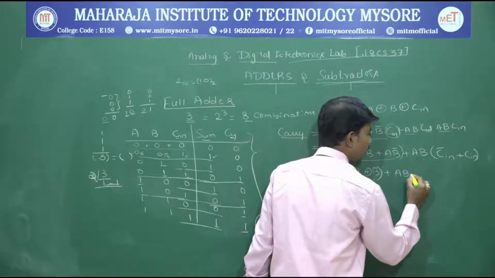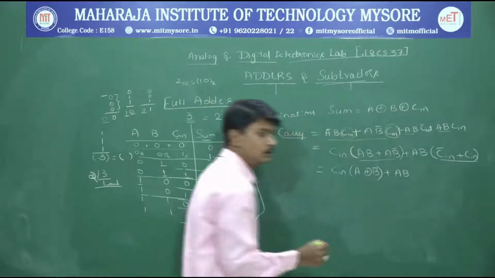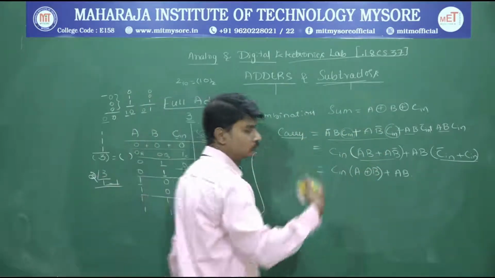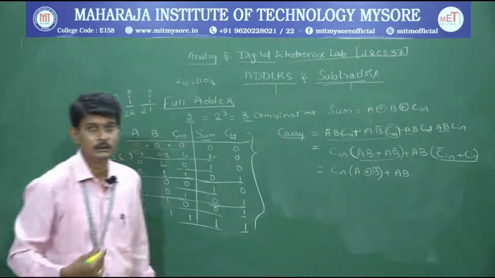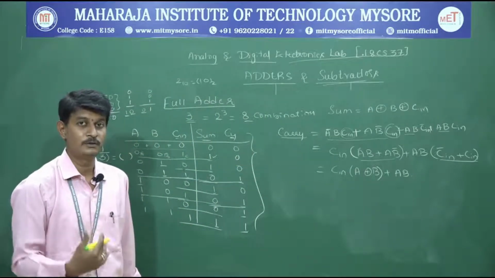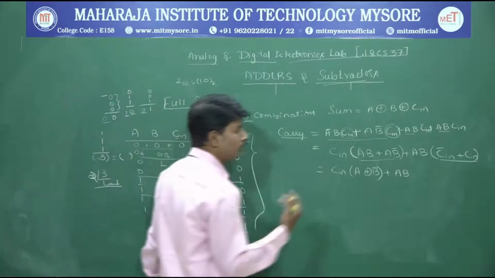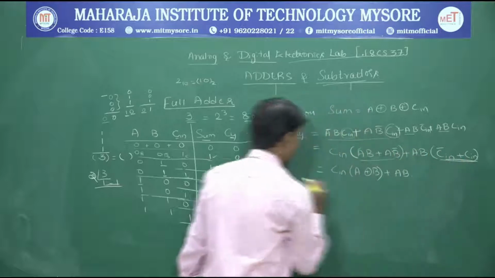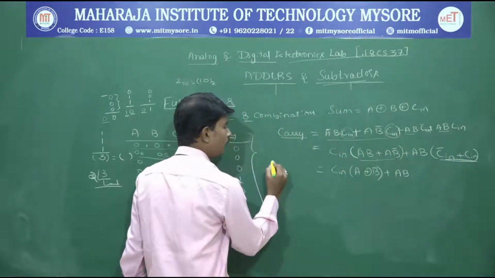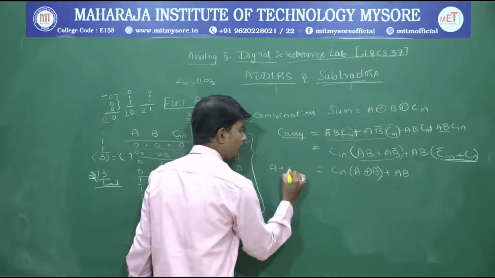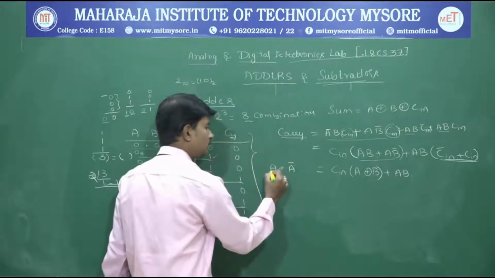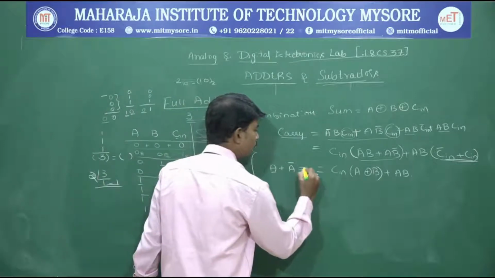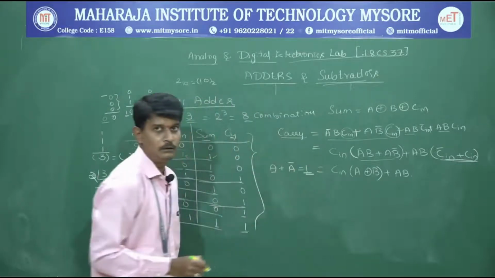A B into this is nothing but, as we know from Boolean algebra in the theory part, where we have simplified so many expressions, always when you add a single variable with its complemented form, you are going to end up with a literal 1.